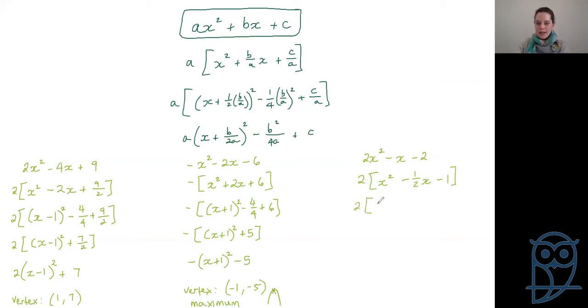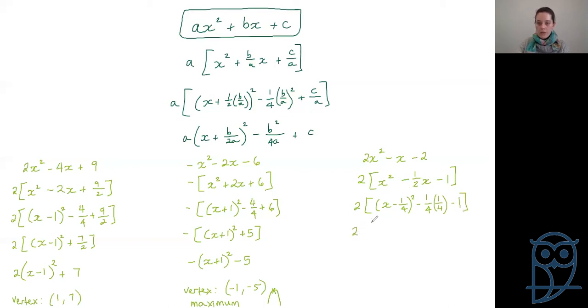2 square brackets, x plus a half b. So x minus a half times a half is a quarter, all squared, minus a quarter, b squared. So we're going to have to write this differently. We're not going to double stack our fractions just for the fun of it. b squared, a half times a half is a quarter, all squared, minus 1.